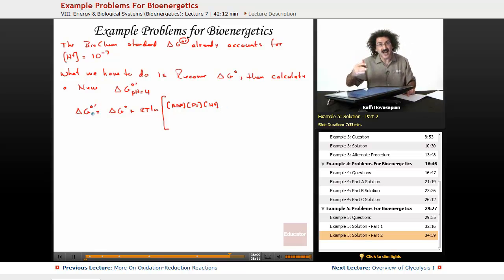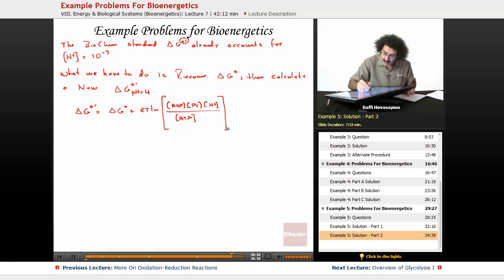Now we're using the entire equation. See, this is where it comes from. We take the chemical standard, we recalculate using this equation for finding the new delta G by including the H. When we get this number, that's the number we put into the tables in biochemistry texts. So it is the delta G chemical standard plus RT ln with the actual hydrogen ion in the reaction quotient.